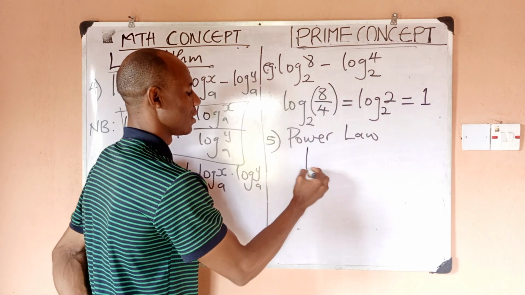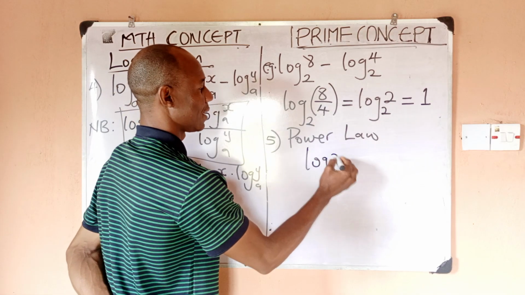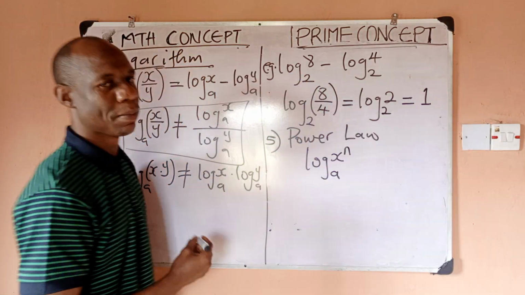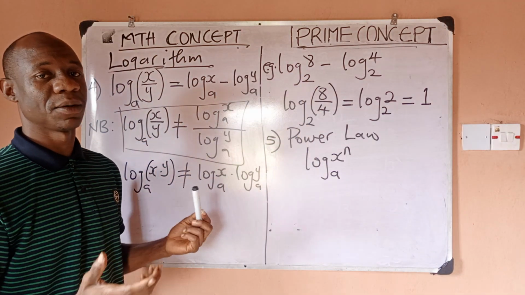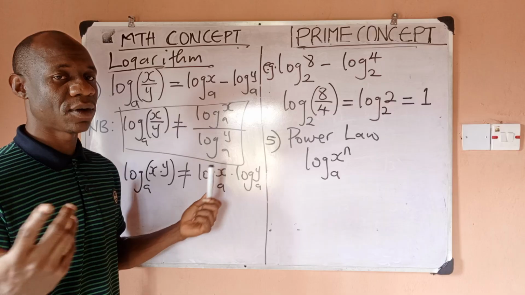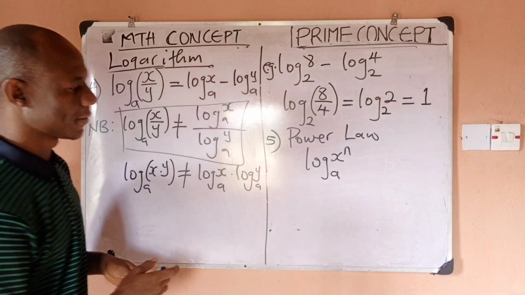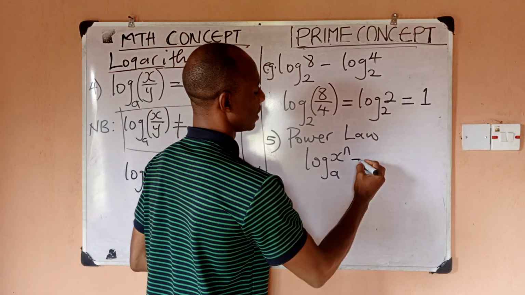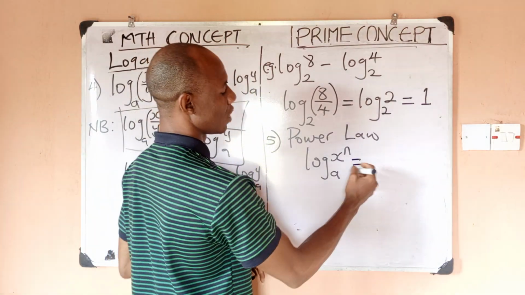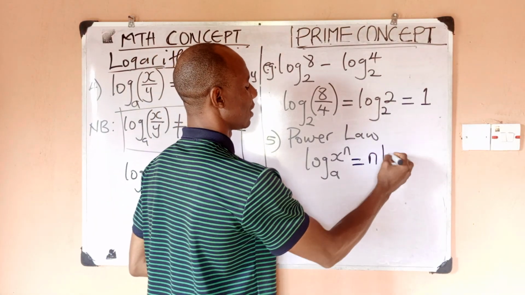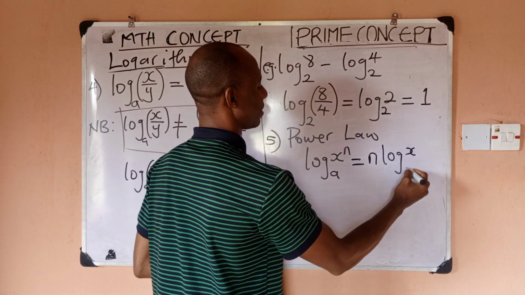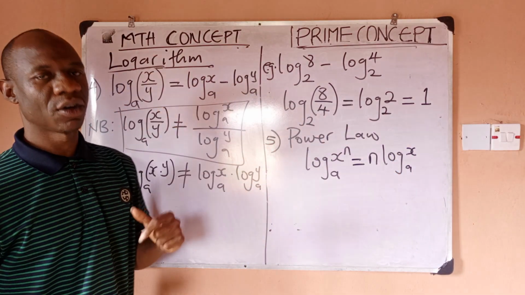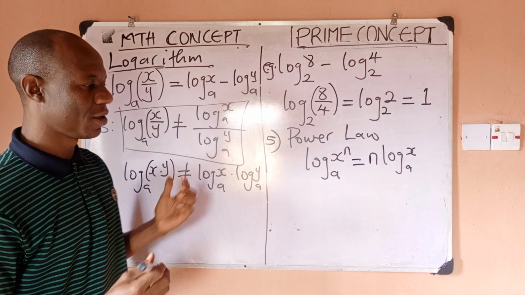If you have log x to the base a, and this x is carrying a power n, where n can be any number, 1, 2, 3, 4, and so on, even negative numbers, even fractional numbers, this would equate to n log x base a. That is to say, you can use the power to multiply the log, right? So this power law is a very important law.